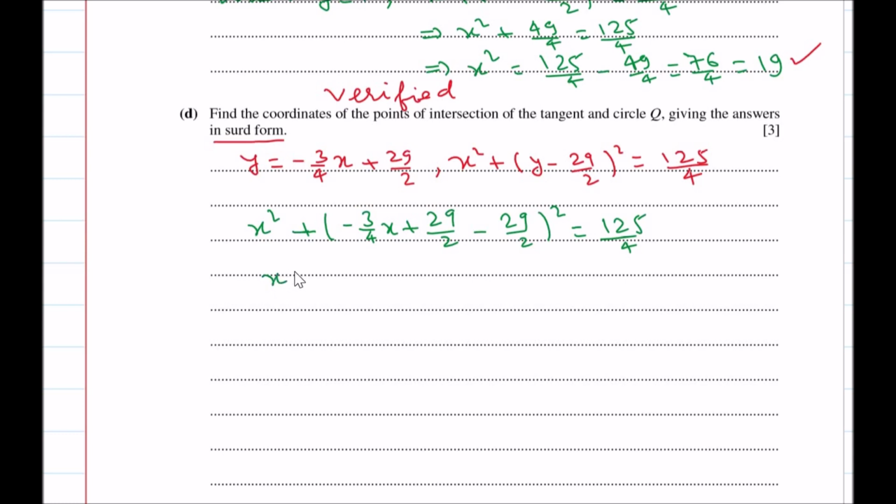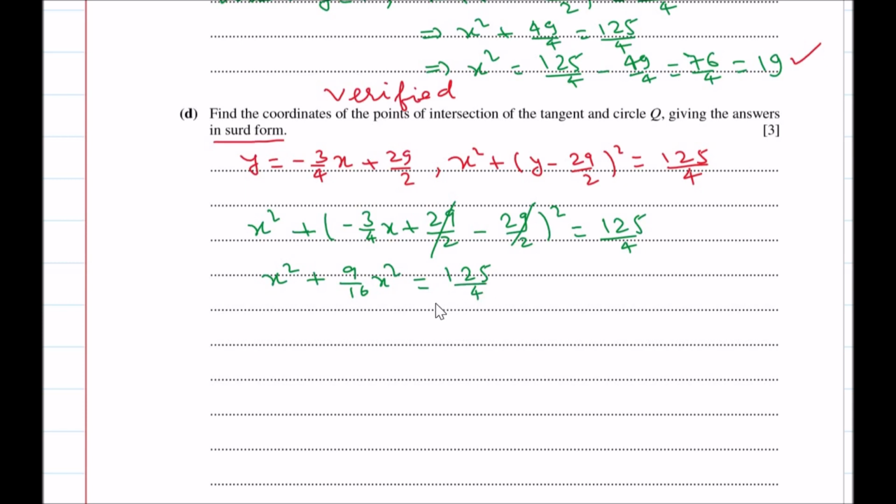So x square plus, now this 29 by 2, this 29 by 2 cancelled out. So we get minus 3 by 4x square, and if you are squaring it, 3 3 is 9, so 9 by 16x square, that is equal to 125 by 4.